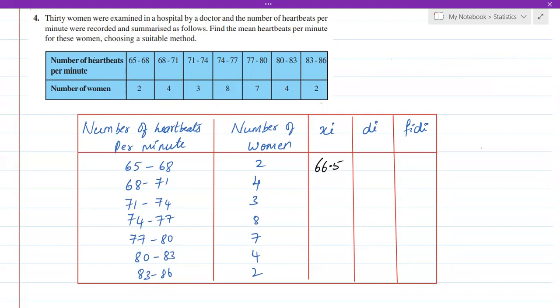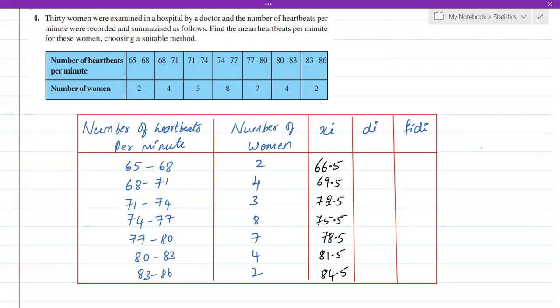In the next case, it is 69.5, then 72.5, 75.5, then 78.5, 81.5, and 84.5. It's very easy. You just add the upper limit and the lower limit and divide by 2, you get the xi.